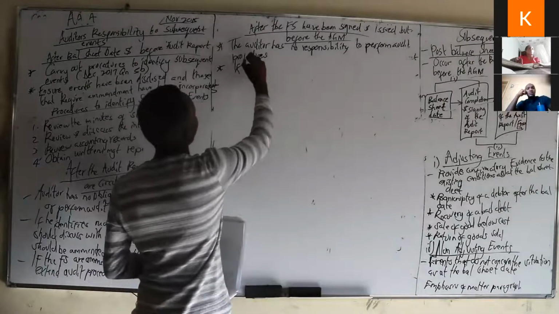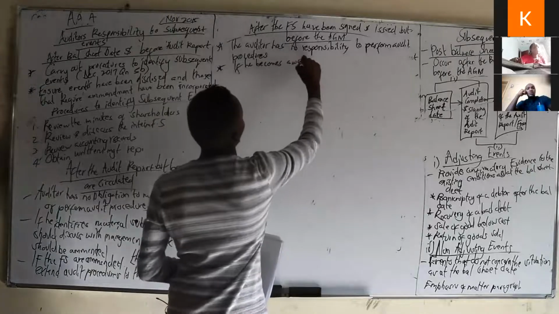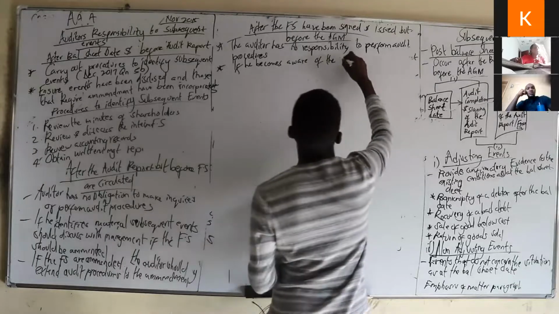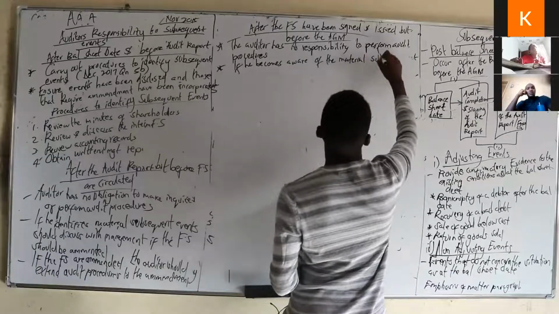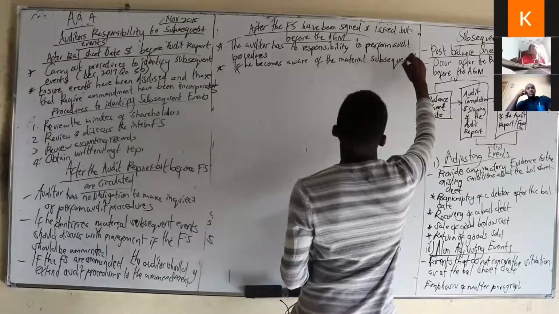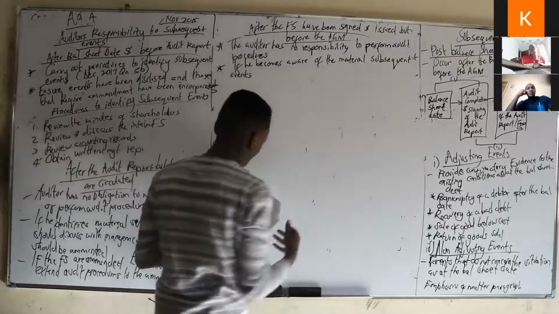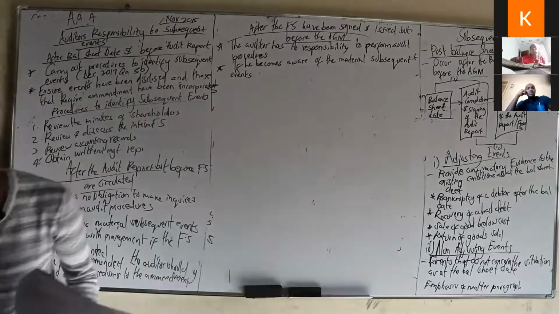So if he becomes aware of material subsequent events, what should the auditor do in this case?